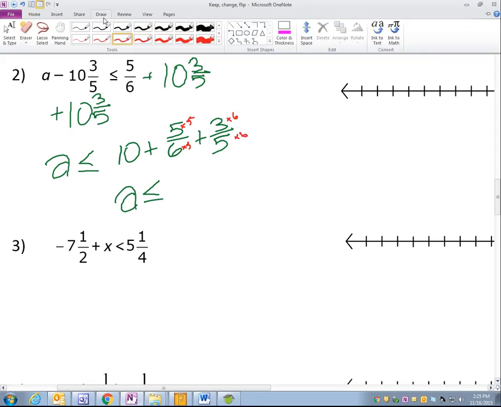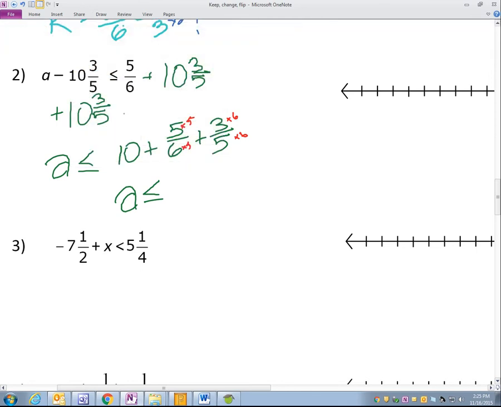I have to do that to all of them because I need to keep it true. So we have 10 plus 25/30ths, 18/30ths.